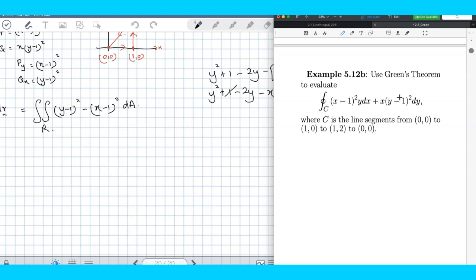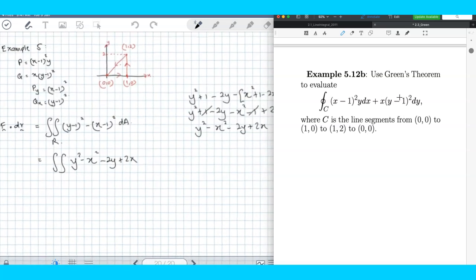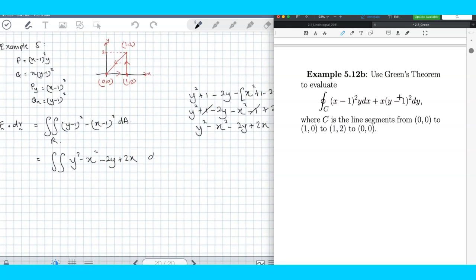The 1s cancel, so you have y squared minus x squared minus 2y plus 2x. Okay, so you want x constant, so dy dx.